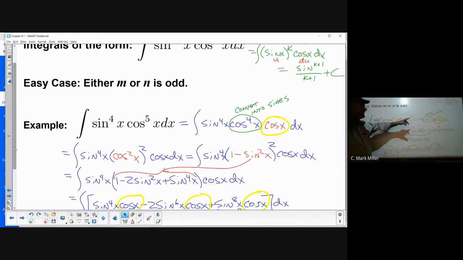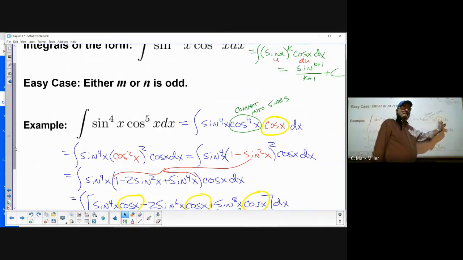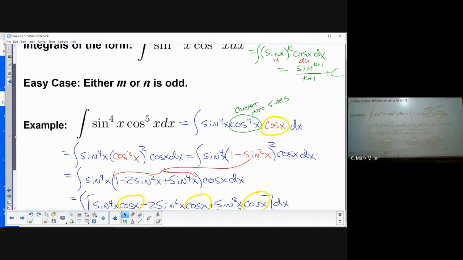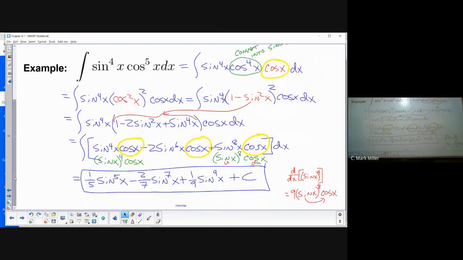We peel off one of the cosines, and then you have cosine to an even power, and sine to an even power. So for the cosine to an even power, I substitute 1 minus sine squared squared, that's cosine to the fourth. We square all that out.